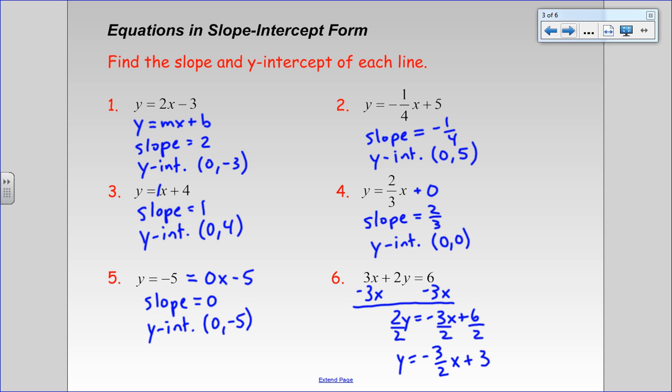Now that the equation is in slope-intercept form, we can see that the slope of this line is -3/2, and the y-intercept is (0, 3).